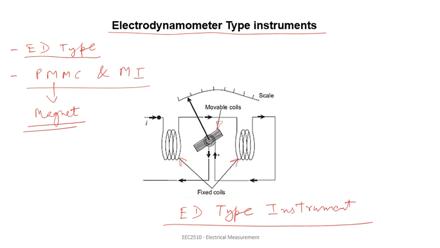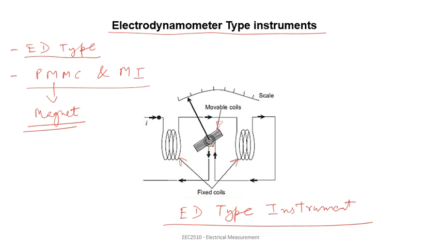The magnetic field in which the moving coil is suspended or pivoted is generated by passing a current through these stationary field coils. The main purpose of these two field coils is to produce the magnetic field which will subsequently act on this moving coil.